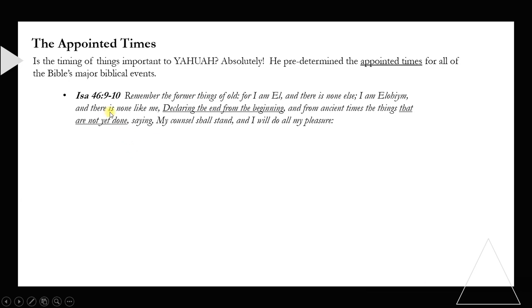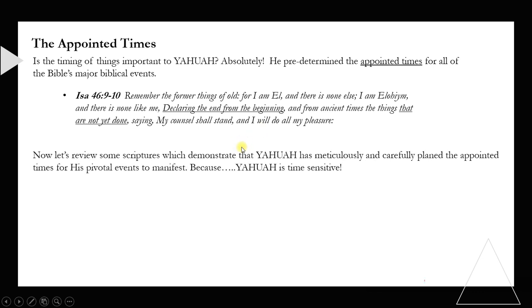Look at this in Isaiah. This is what Yahuwah is saying about himself. Remember the former things of old, for I am Al, and there is none else. I am Elohiym, and there is none like me, declaring the end from the beginning. And when did Yahuwah begin to tell us about the end? In the beginning, in Bereshit, in Genesis, and from ancient times, the things that are not yet done, saying, my counsel shall stand, and I will do all my pleasure.